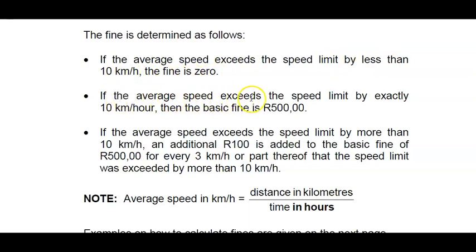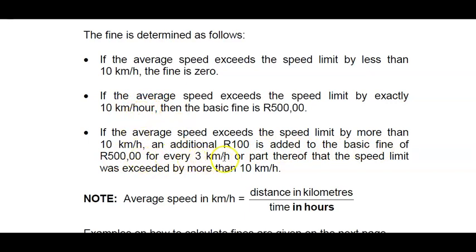If the average speed is exactly 10 kilometers per hour over, then the basic fine is 500. And thereafter, anything over 10 kilometers per hour is an additional 100 Rand to be added to the 500 Rand. That was the basic fine.